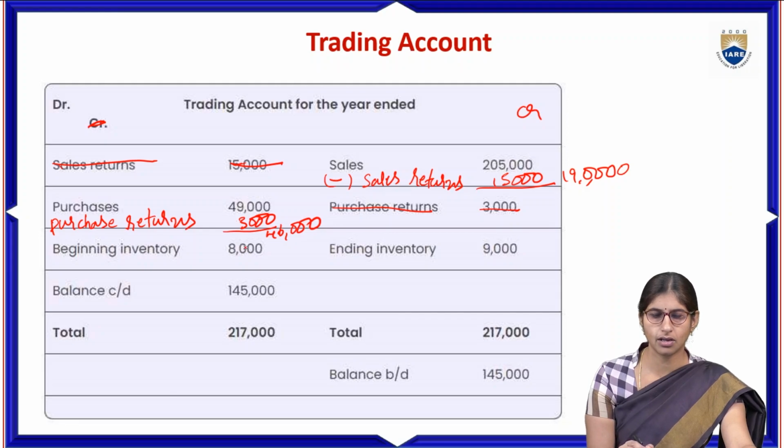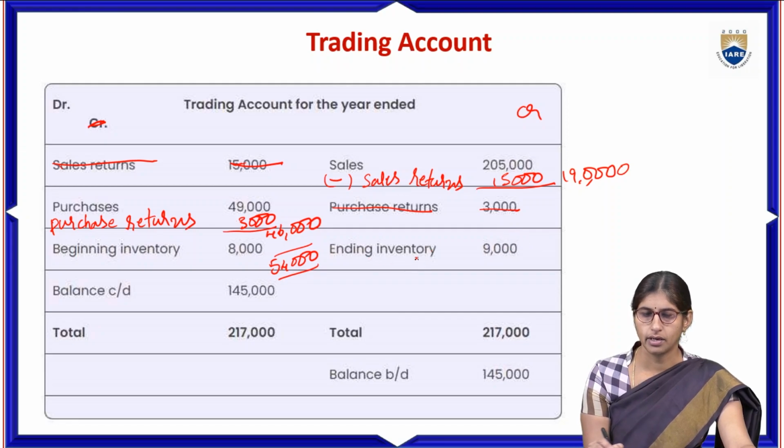Now 46,000 plus 8,000, that is 54,000 is the total. And now the ending inventory, that is 9,000. That means here 1,90,000 plus 9,000, that is 1,99,000.